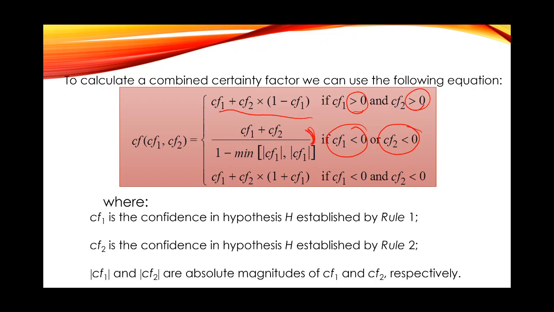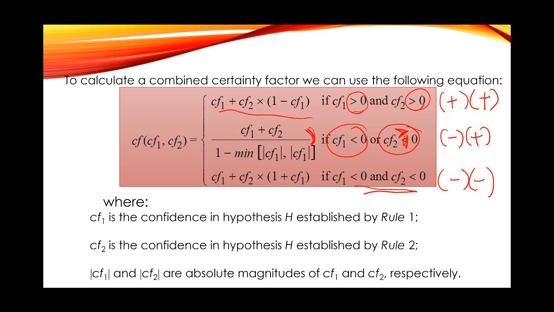What about if you have, oh okay, I think this is not correct, this must be when one is positive and one is negative, sorry. So this is when you have both negative, this is negative and positive, and this is positive and positive.